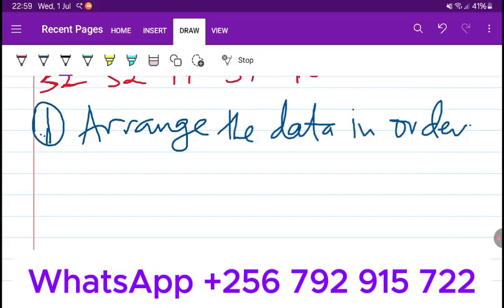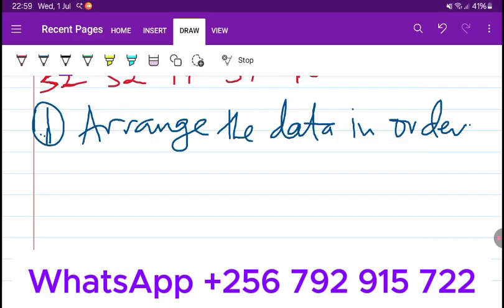Now, as you are arranging this data set, you do two things. Maybe let's first arrange, then I will show you what else to do. The first thing is to arrange the data in the normal way, from the smallest to the largest.